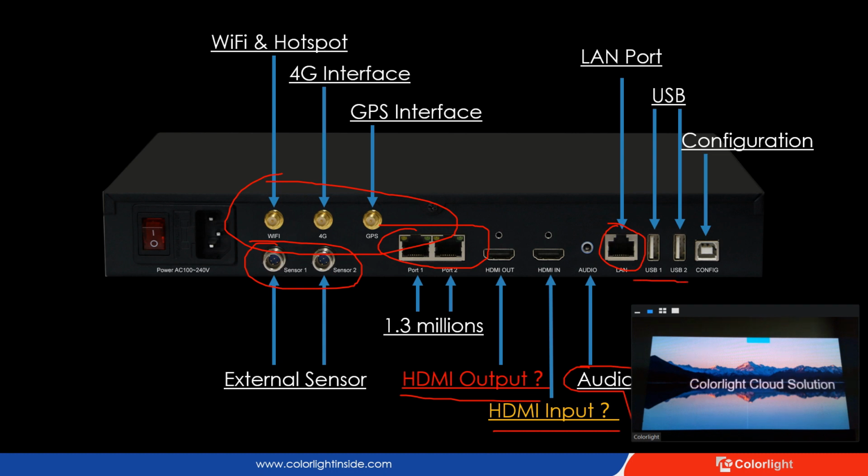About the USB, we could use the USB flash drive to achieve certain functions like upgrading the C player or factory resetting the C player. Another special function is plug and play.